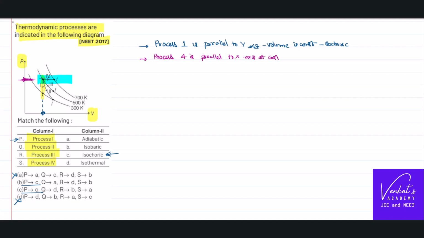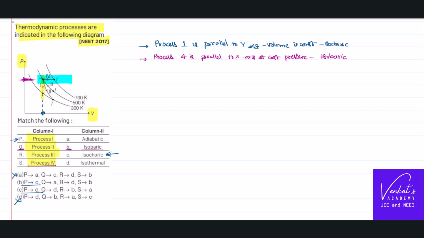When the pressure is constant, that kind of a process is called isobaric. So process 4 shall be linked with isobaric, that is B. Process 4 means Q. Q shall be linked with B. Right?